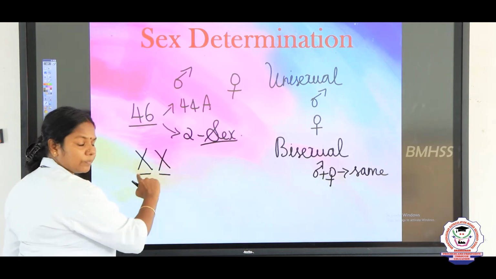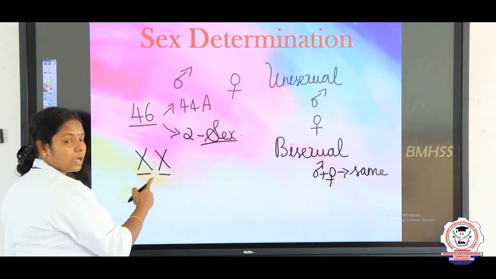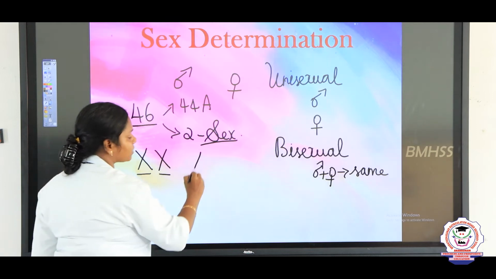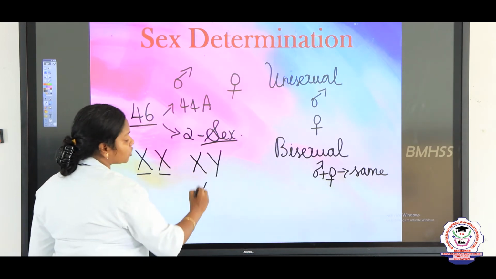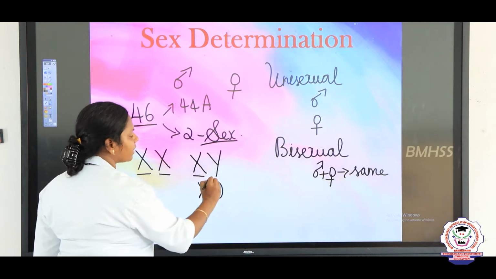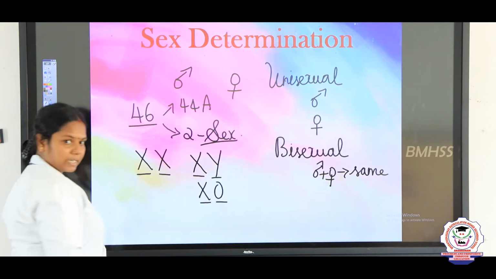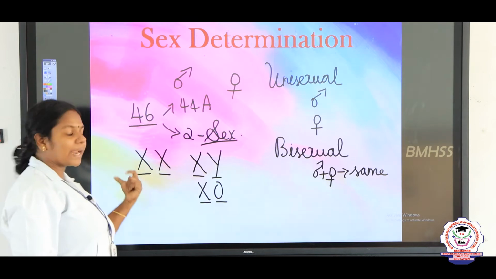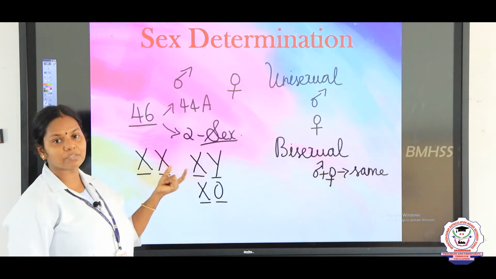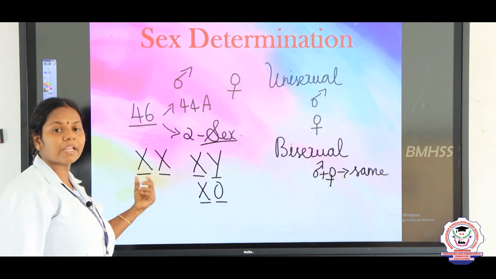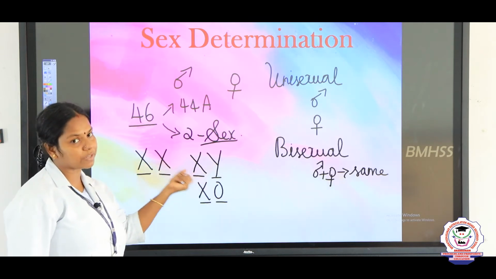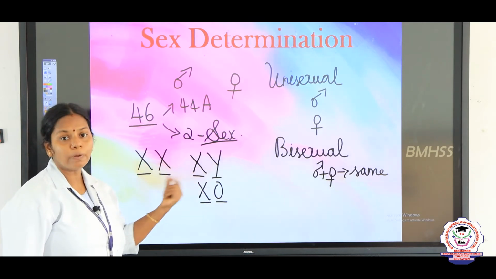So, here one sex will be homomorphic and the other sex will be heteromorphic, for example XY or XO, because two different gametes will be present. If males are homomorphic, females will be heteromorphic. In some cases, the females will be heteromorphic and the males will be homomorphic.